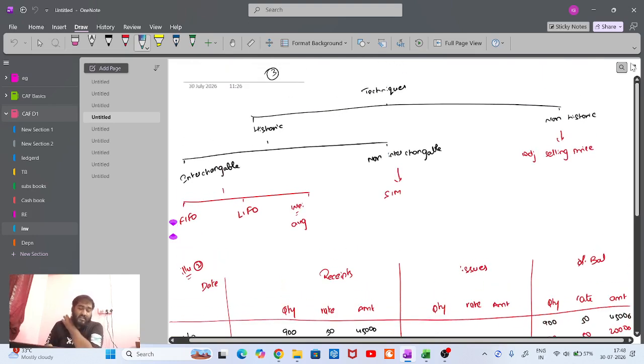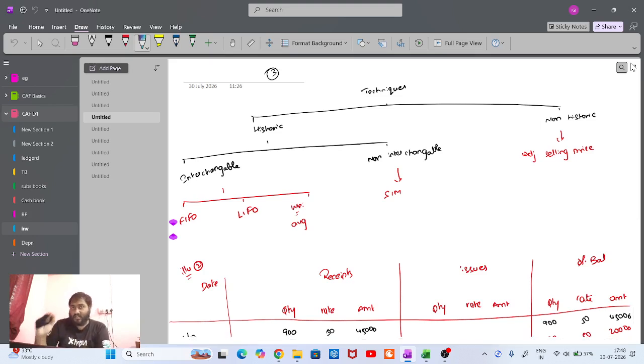Basically, I will tell you again. Inventories are valued at cost or net realizable value, whichever is lower. Cost, what do you mean by cost? On day one, we recognize cost based on the calculation we do, based on what is included in the cost. NRV, what do you mean by NRV?